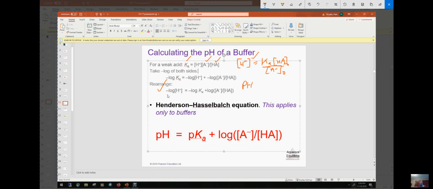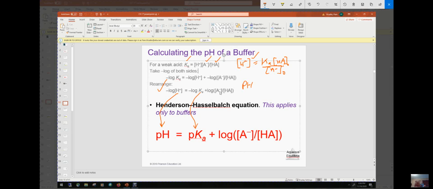Here's the definition of pH, right? Look at that, right? Minus the log of H plus is the same thing as pH. Minus the log of Ka we call pKa. Okay? And the log of a number divided by the log of the other number, okay? This one I just rearranged them and I put the concentration of the base here and the concentration of the acid here.